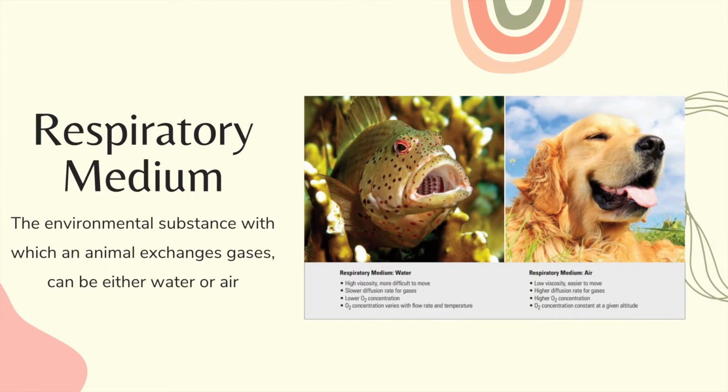In addition, a volume of water holds much less oxygen than a volume of air. Finally, changes in water temperature and flow rate also affect oxygen availability. For example, warm water holds less oxygen than cold water. In terms of water movement, rapidly moving water tends to contain more dissolved oxygen, whereas stagnant water contains less.